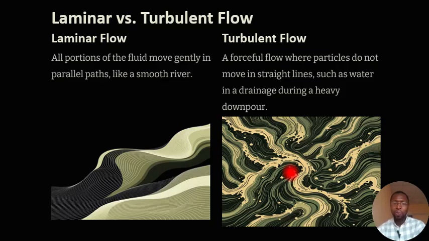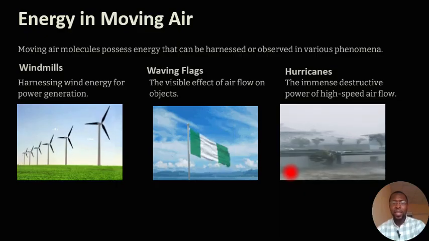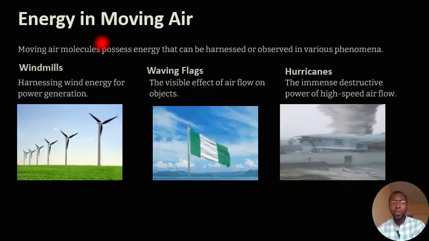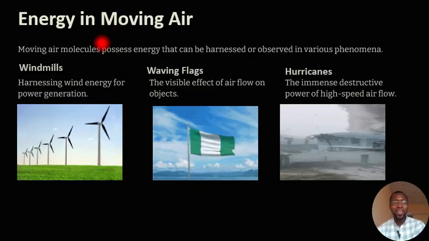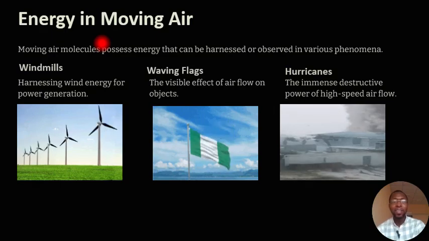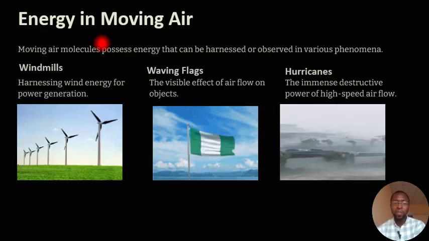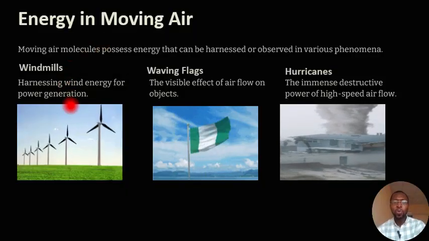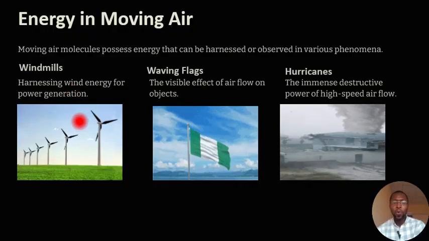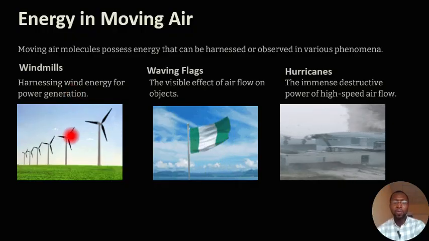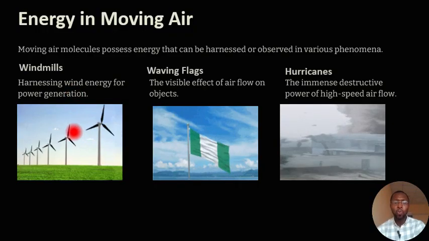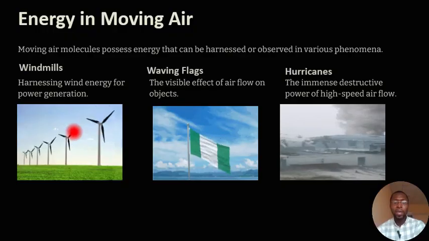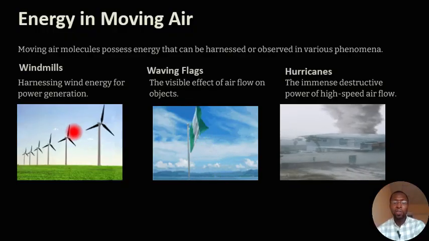All right, so that leads us to the energy in moving air. You see, moving air possesses energy, and this energy can be harnessed to do various things. We use the energy in air to turn windmills. Windmills are instruments that make use of wind to convert its energy into mechanical energy.